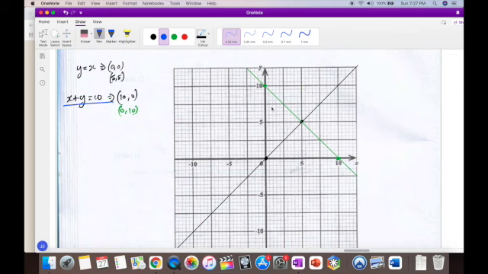It has this side and then this side of the green line. One of those sides will have to be it, so I'll have to choose a point. Let's choose a point from this side, right? So I'll choose this point here being 5. And what does this look like here?